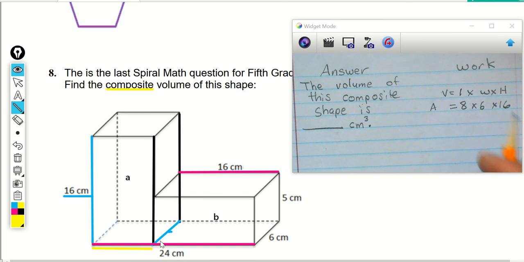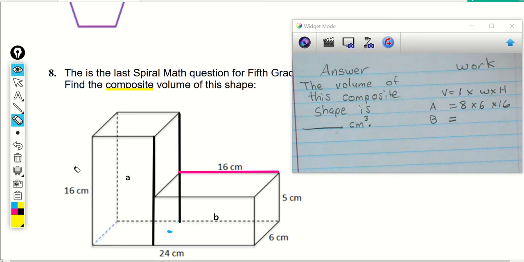All right, now I'm ready to go on and figure out the volume for shape B. The volume for shape B, boys and girls, is going to be this way. Let me just clear off some of these lines so it doesn't get confusing. Let me draw this back one more time because I want to make sure you can see where shape B is. Oops, let me clear that up. All right, so shape B, boys and girls, is the volume inside the area I'm pointing to right here.